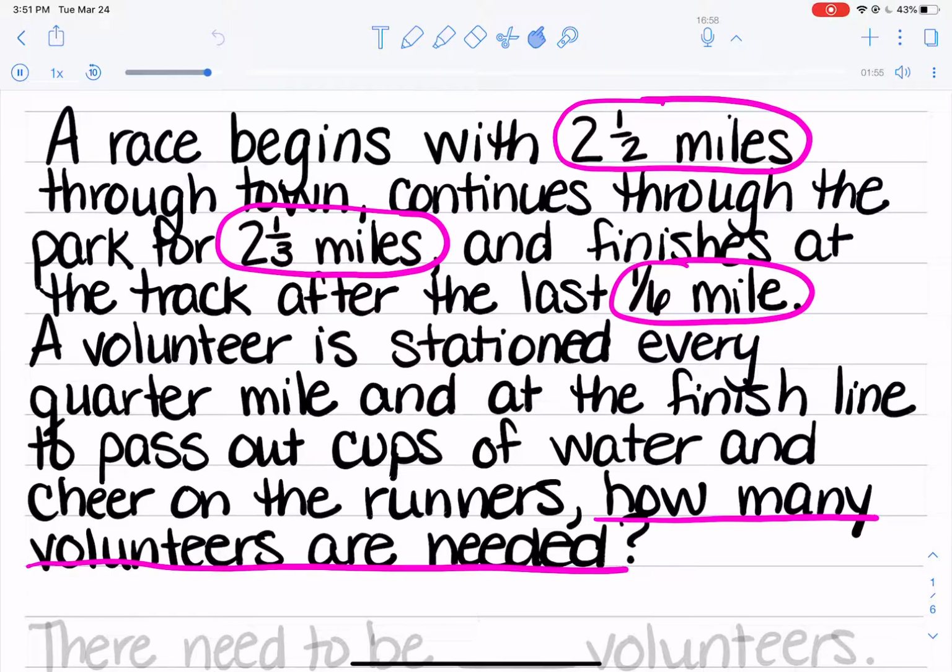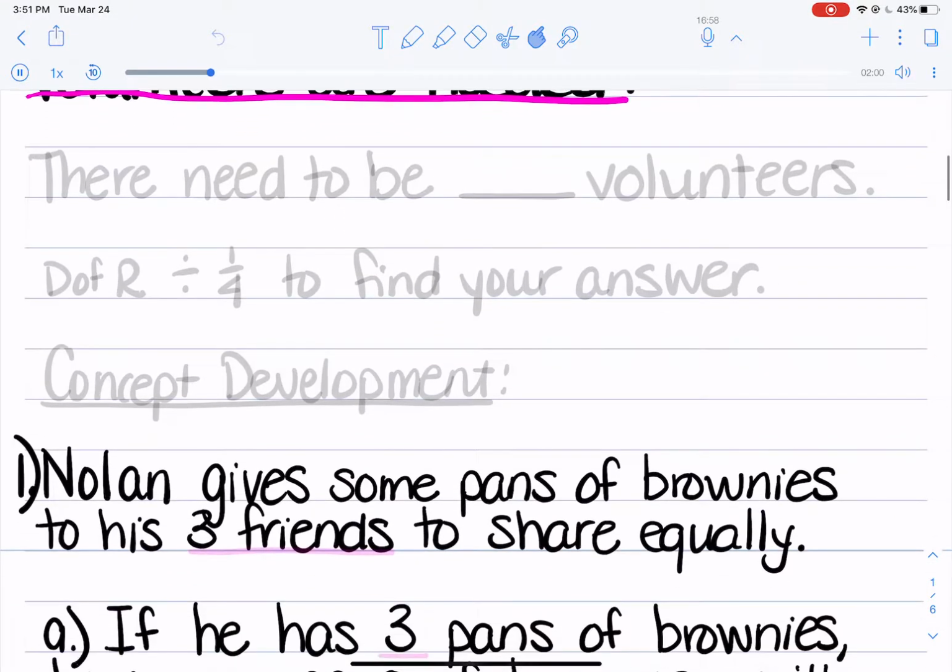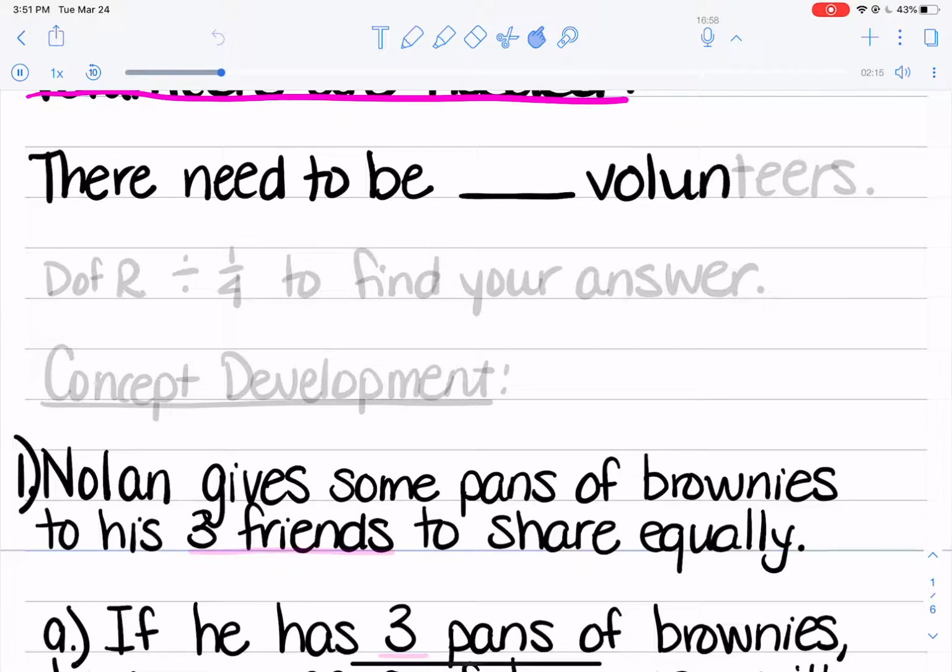So our statement would be, there need to be blank volunteers.